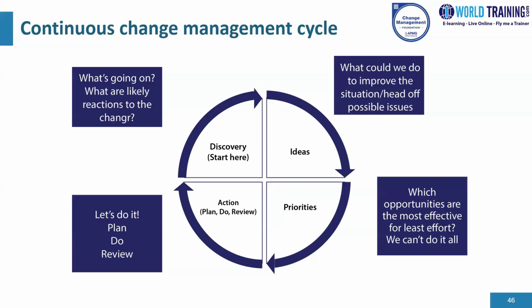And then we move on to the ideas aspect of the cycle. So what change interventions could possibly be done to progress and improve the situation found in discovery? For example, communication, learning opportunities, etc. And then we move on to prioritization. Which ideas should we take forward? The ideas step will generally produce more work than can be accomplished in a timely manner with the available resources.